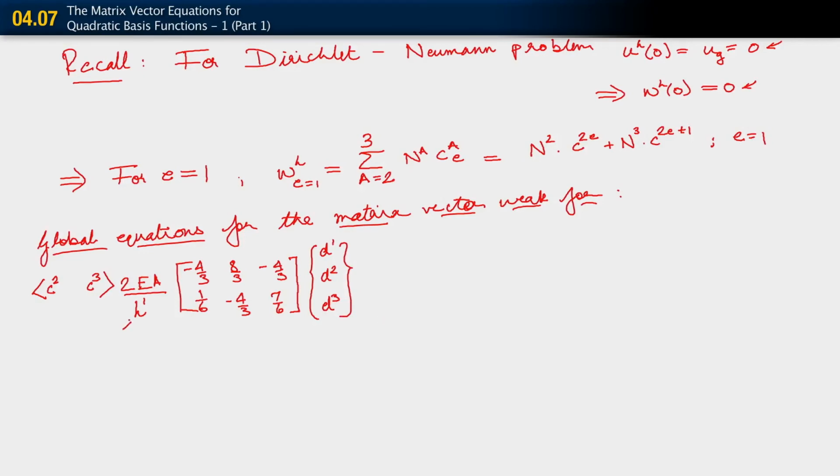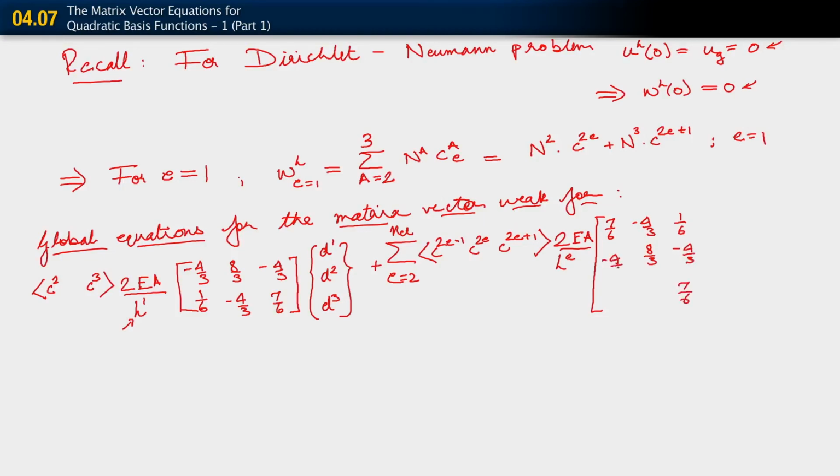That's all for element 1, and note that I've called that h1 for e equals 1. This plus now the sum e equals 2 to the number of elements. Here things look the same: c_2e-1, c_2e, c_2e+1, 2E A over h_e, and our matrix which we developed in the previous segment, which is 7 over 6, minus 4 over 3, 1 over 6, 8 over 3, minus 4 over 3, 7 over 6, completing by symmetry.